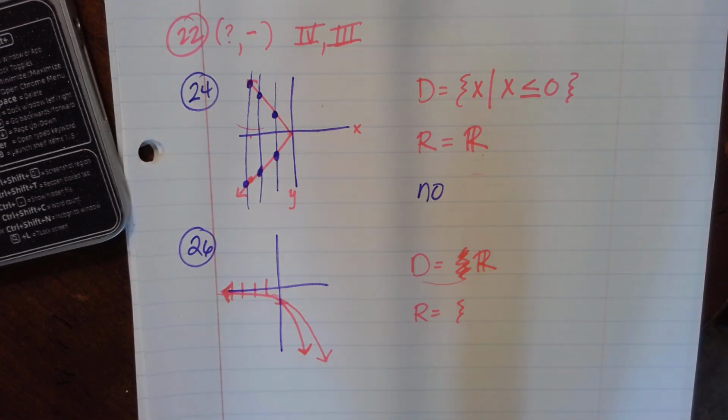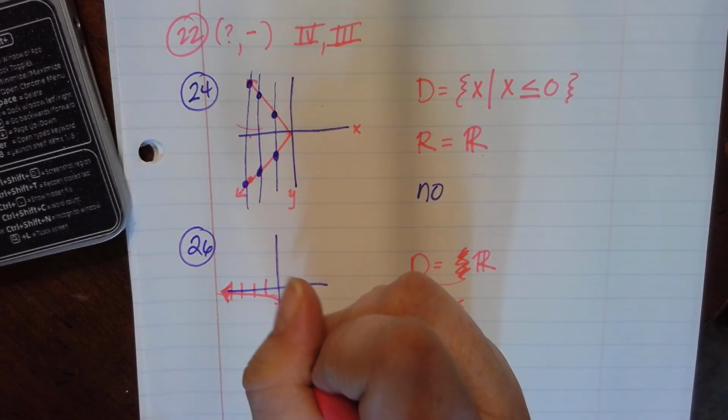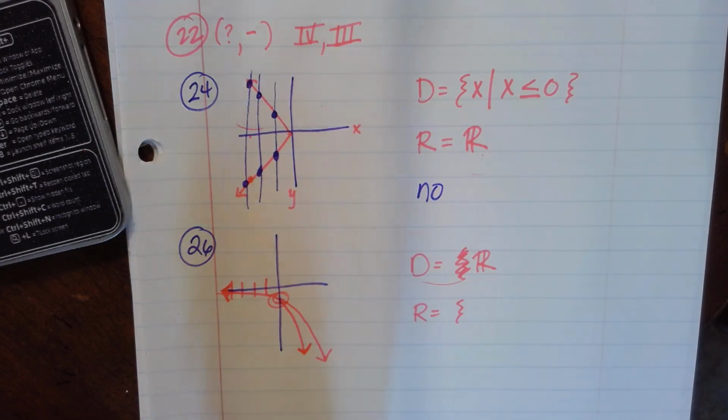For my range, what I'm going to look at is where it lands, okay? Where it lands here. I can see that if I am listing my y, it's either going here to the negative, or it's coming here, all right?